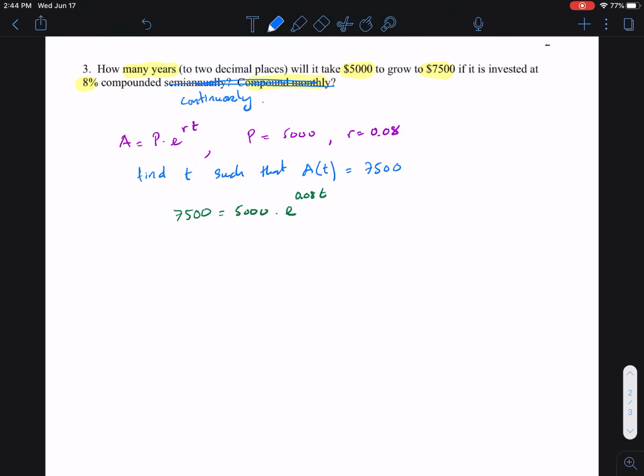So first things first, you want to get rid of the constant in front of e by dividing both sides by 5,000. Actually no, 7,500 divided by 5,000 is 1.5. So that's wrong there. This should be 1.5, and then e to the power 0.08 t.